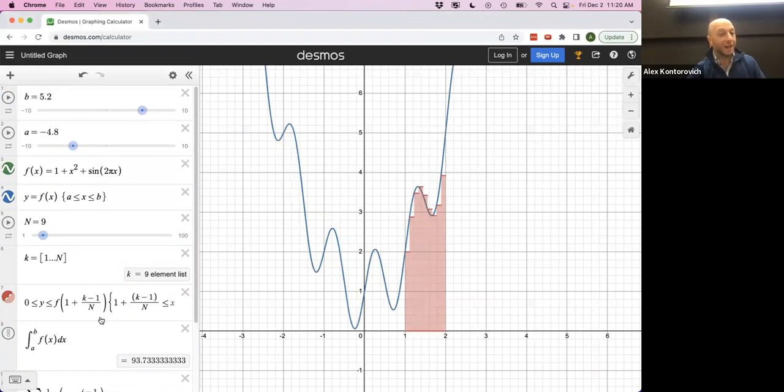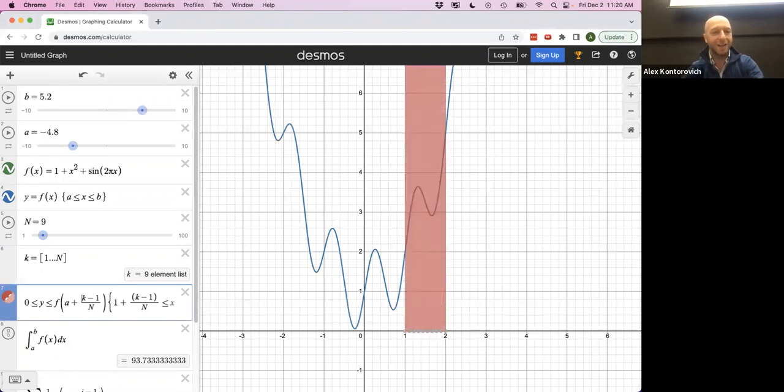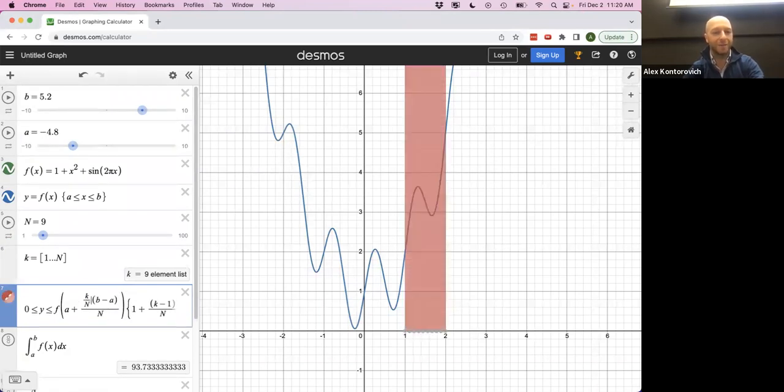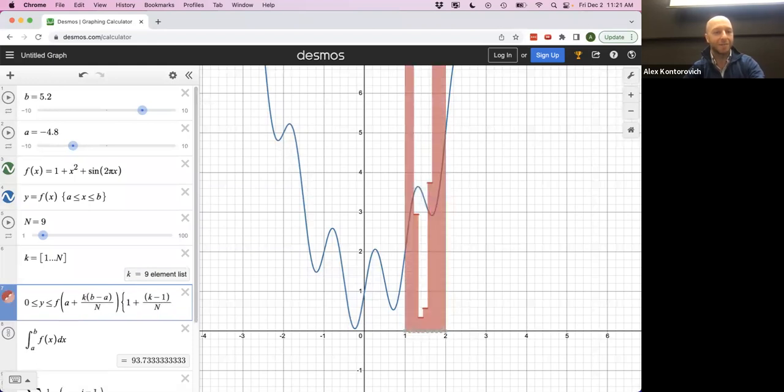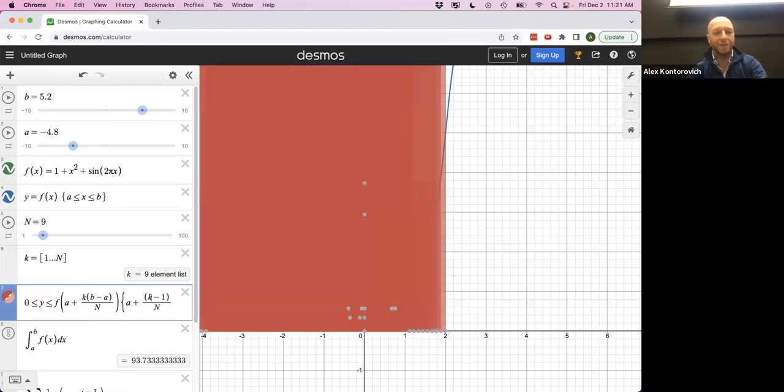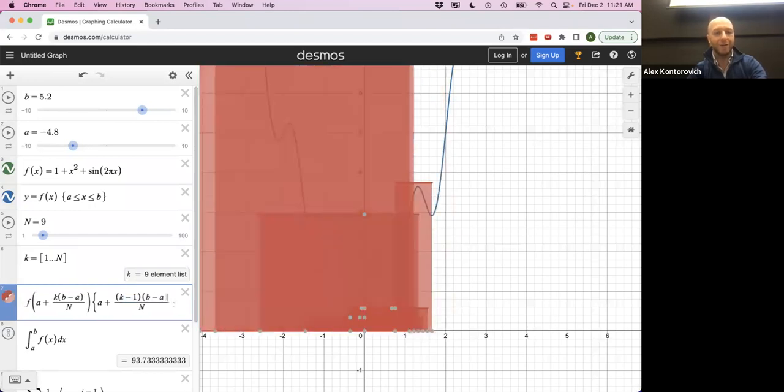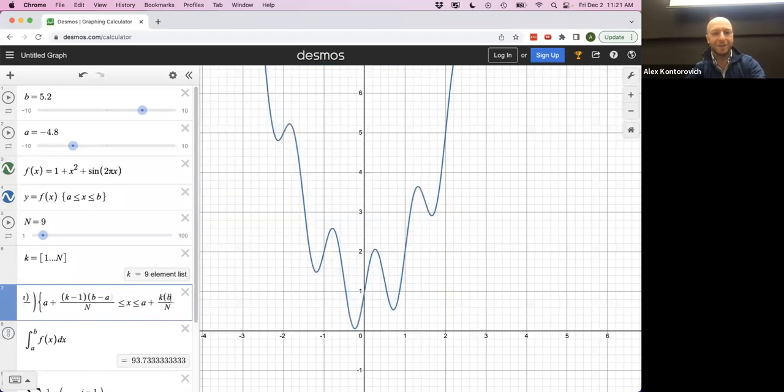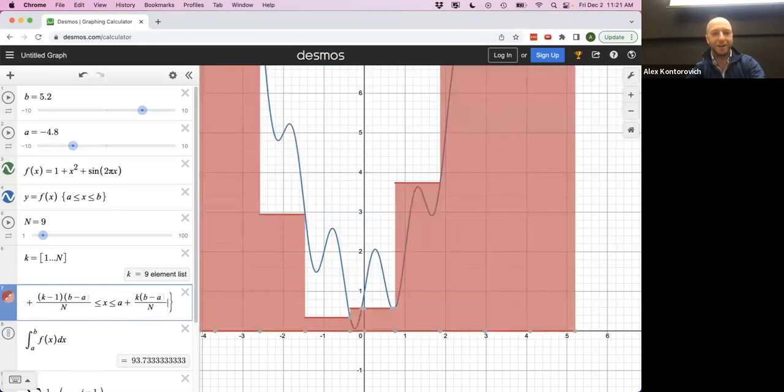Oh, this formula has to change because it's not starting at 1, it's starting at a. And we're not multiplying by 1 over n, we're multiplying by (b minus a) over n. So let me put it like this: (b minus a) over n times k. And what's the range where that happens? It happens as x goes from a plus (k minus 1) times (b minus a) over n up to a plus k times (b minus a) over n.